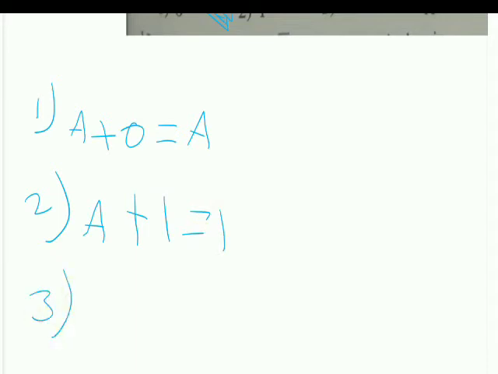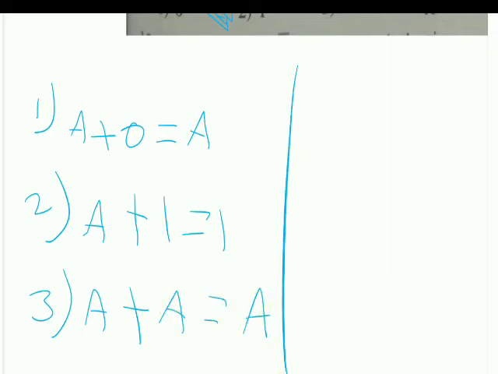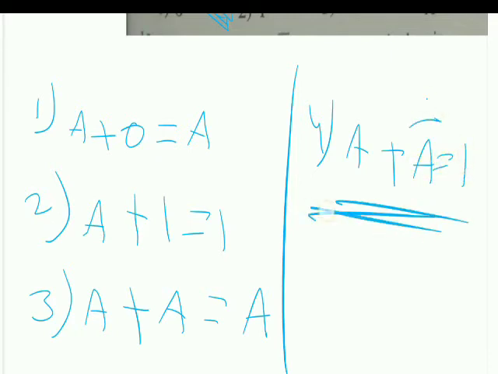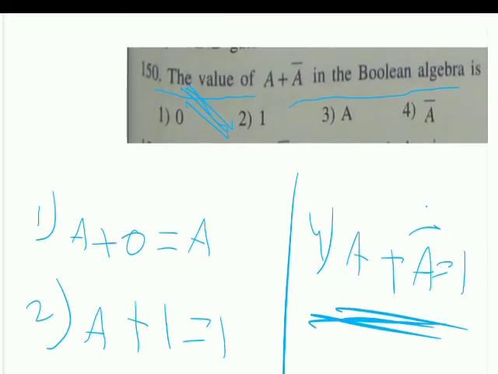Third one, A OR A is equal to A. Fourth one, A OR A complement is equal to 1. So from this Boolean algebra also we get option 2, the answer is 1.